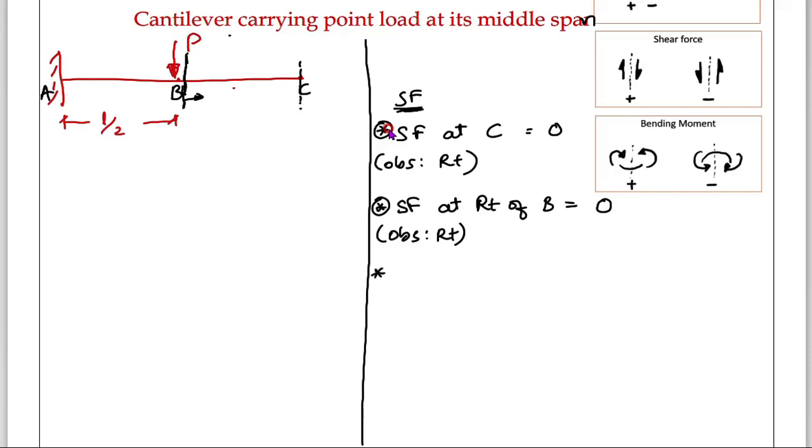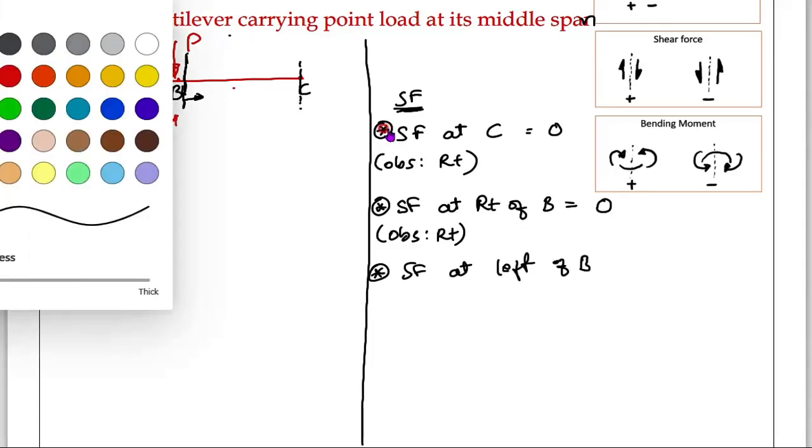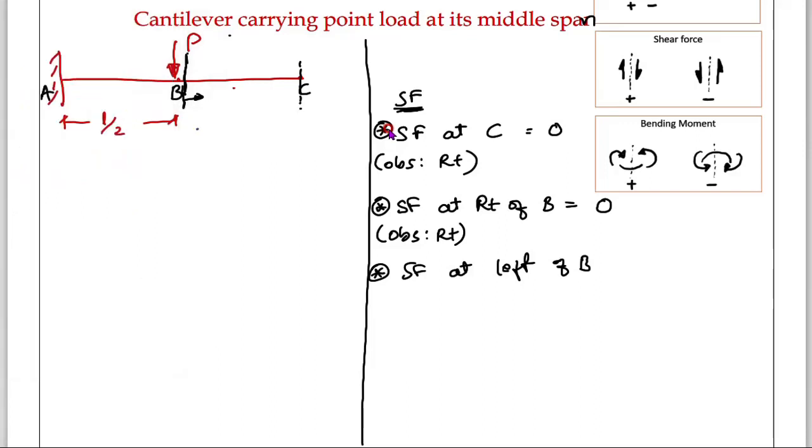Okay. Then shear force at left of B. Where is left of B? I'll show you. This is left of B. If this is left of B, then where do you want to make observations? I'll make observations on the right side. What are you seeing?